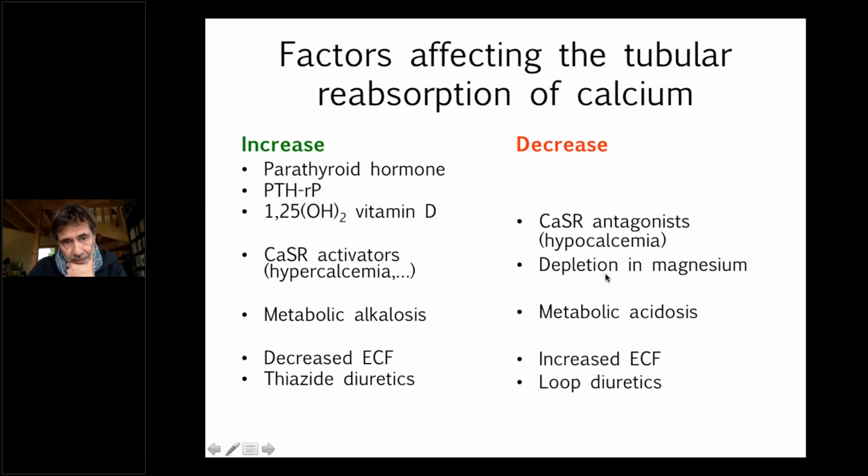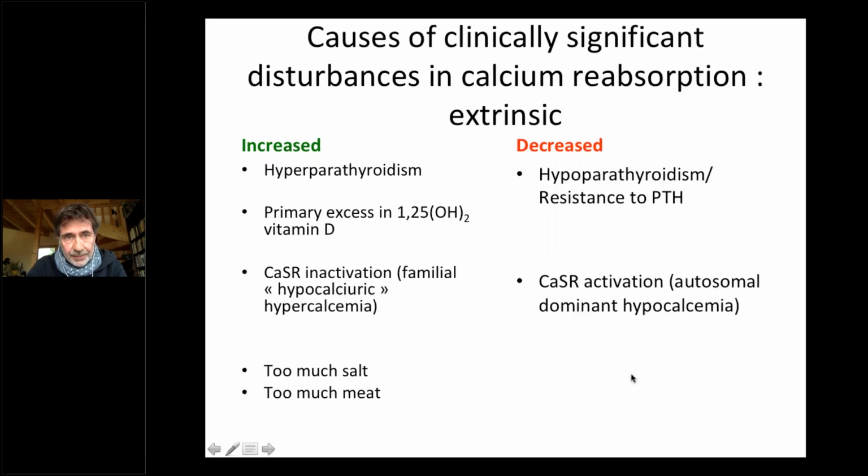It should be on the right. Metabolic alkalosis increases calcium reabsorption, as do decreased extracellular fluid volume and thiazide diuretics. What decreases calcium reabsorption are calcium sensing receptor antagonists. So it should be on the left. Also depletion in magnesium, metabolic acidosis, increased extracellular fluid volume, and loop diuretics.